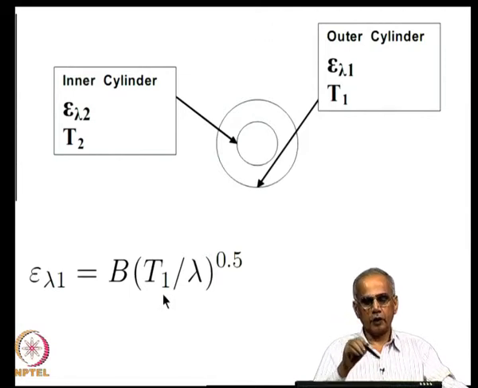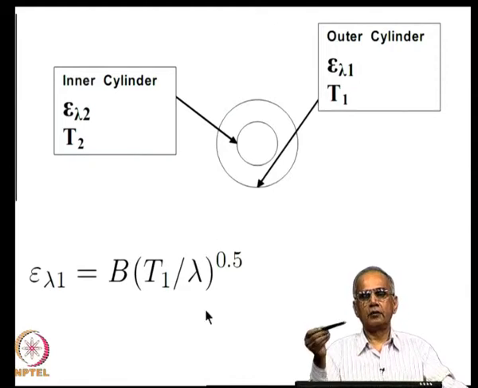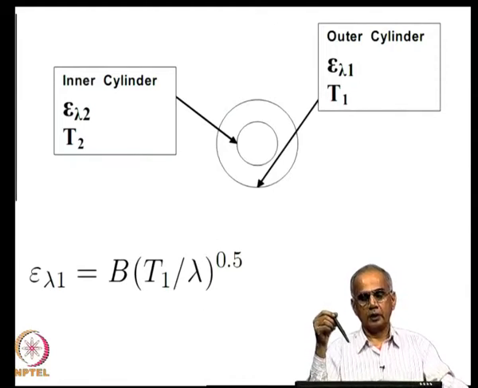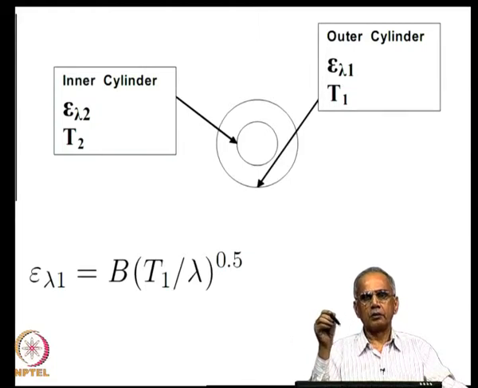But if you take into account both the temperature effect and the wavelength effect, then one can show that the result will be somewhat more complicated than what we saw here.